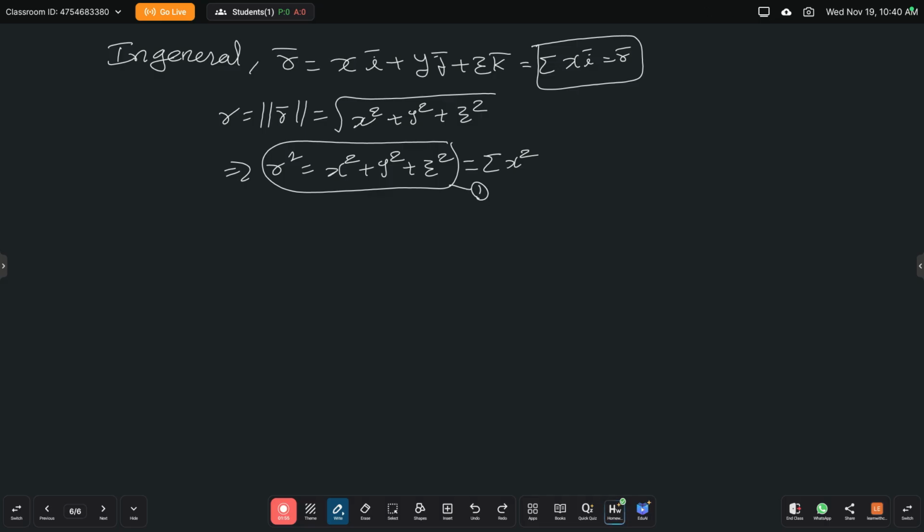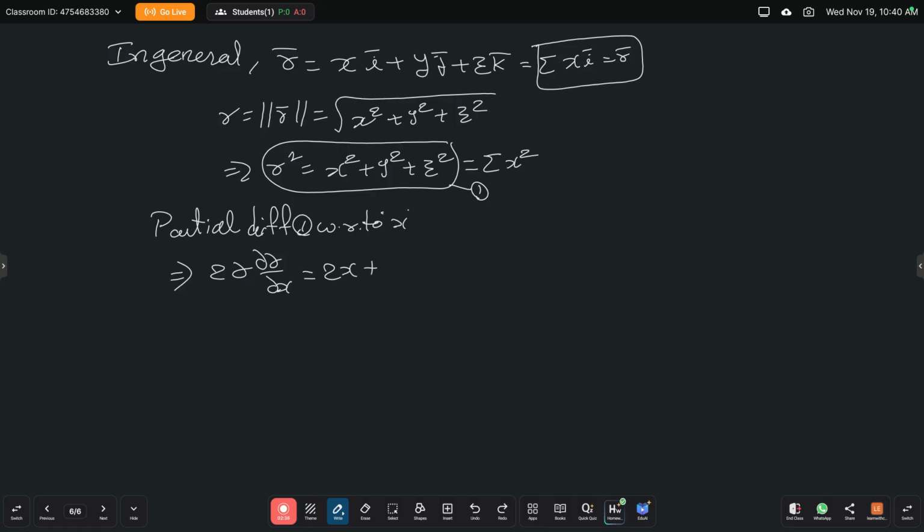Check equation 1: r is equal to square root of x square plus y square plus z square. r is a function of three variables x, y, z, so we can take the partial derivative of r with respect to x, y and z. Partially differentiating equation 1 with respect to x on both sides, the derivative of r square is 2r into dou r by dou x, equals the derivative of x square, which is 2x.